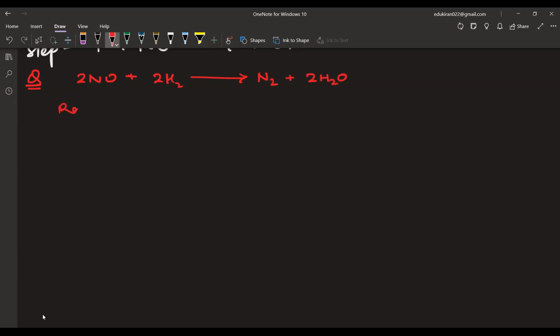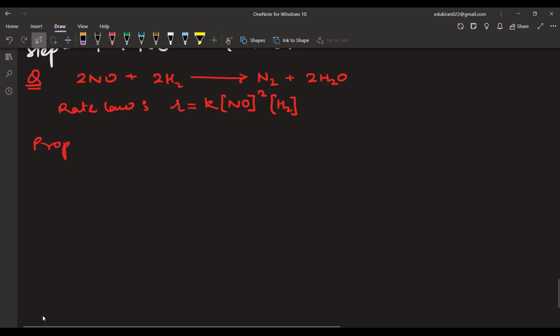The rate law for this reaction is R is equal to K into the square of NO and H2 only. They will ask you to propose a mechanism.